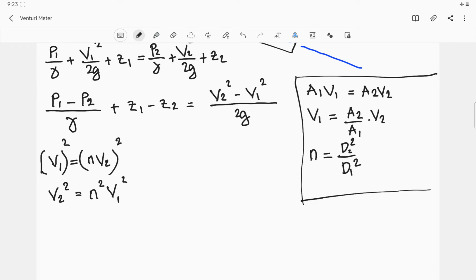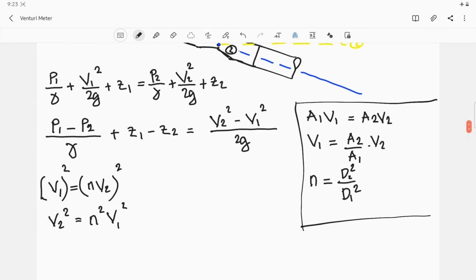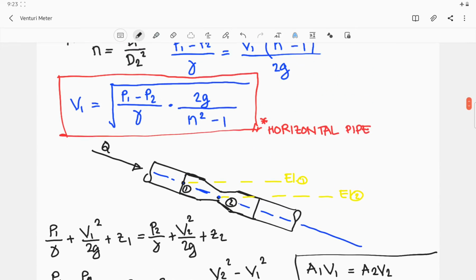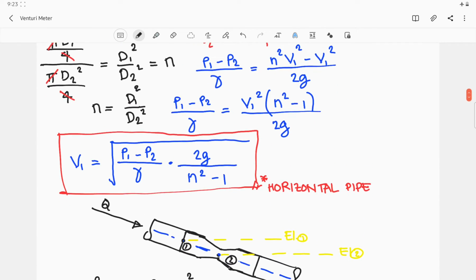So if we express V1 or V2, it's no problem. We'll still get the same answer, and the same discharge later on. We'll just follow this one since we used this in our previous equation, so you won't get confused.